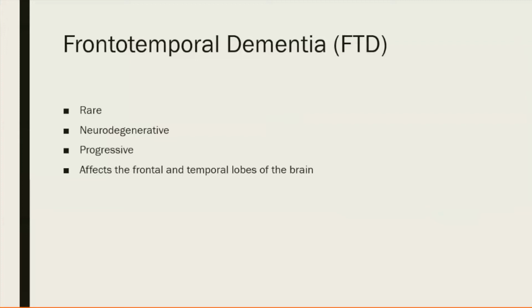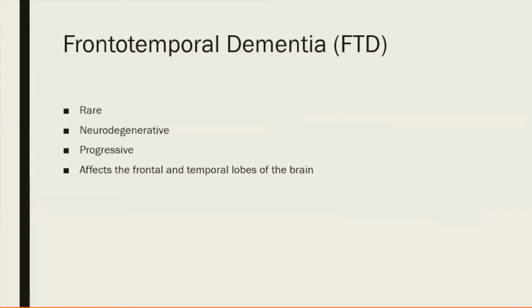It's neurodegenerative, so that means it affects neurons, and degenerative meaning that those neurons will deteriorate over time. It's progressive, so it does get worse. Something that we see with FTD is a period of plateau, and that's really common, but that plateau doesn't last forever. Eventually, FTD is fatal, and it will always get worse over time.